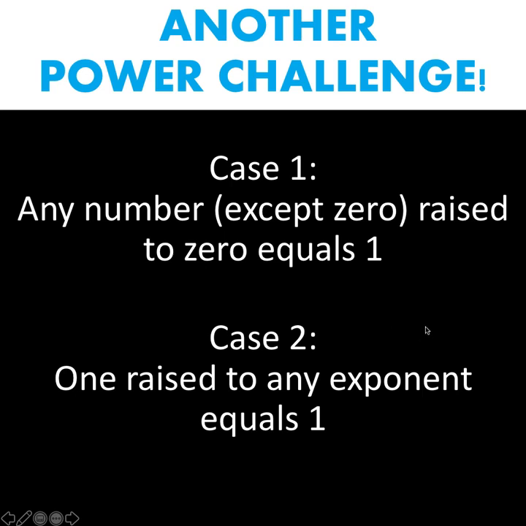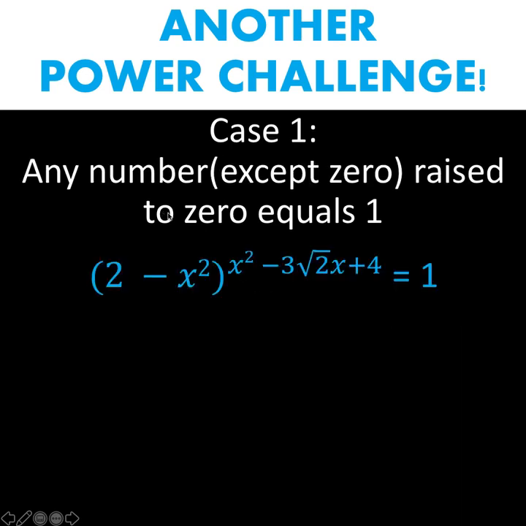Let's begin with case number 1. Given that we have this equation, any number raised to 0 equals 1. That means if you let this exponent be equal to 0, then no matter what the value of this base, the quantity 2 minus x squared, is, the value would always be equal to 1.